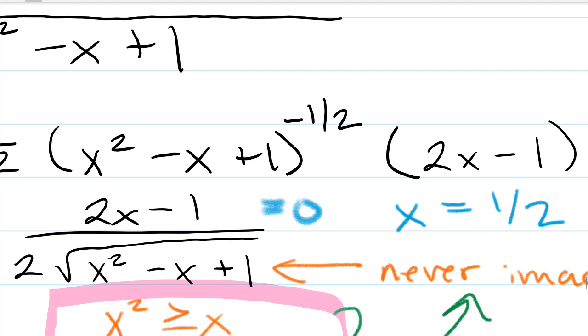And since the denominator is never equal to 0 or non-existent, then we don't need to care about it. There's no points that come out of it that we need to test to make sure that we're choosing the optimum point. And there's only the one point that comes out the numerator, so that's got to be the value we use.